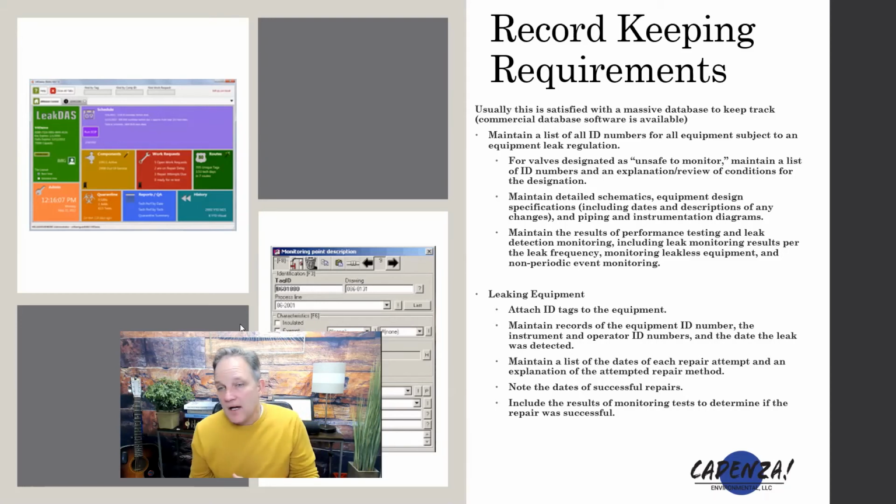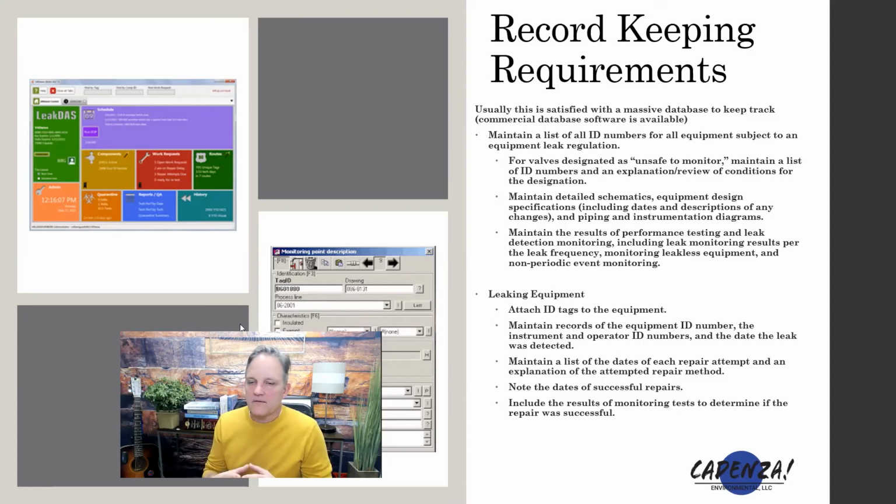If you do find components that are leaking, then under most rules, you have to attach literally in the field ID tags on those pieces of equipment to identify that they are leaking. You have to maintain records of the components that are leaking, the instrument and the operator ID that did it, the date, the time that the leak was found.